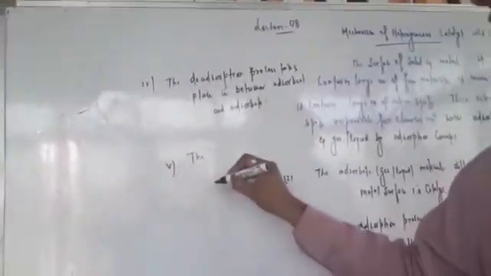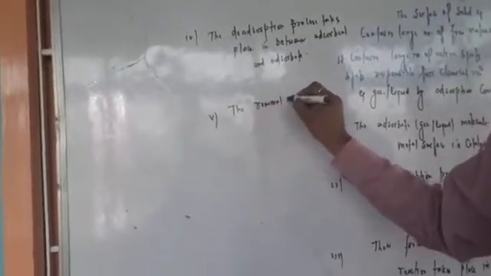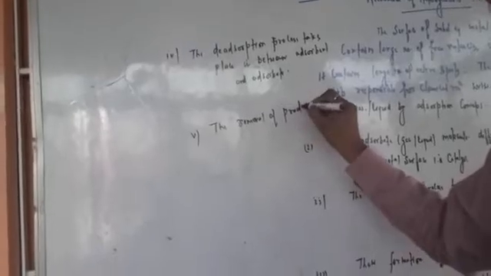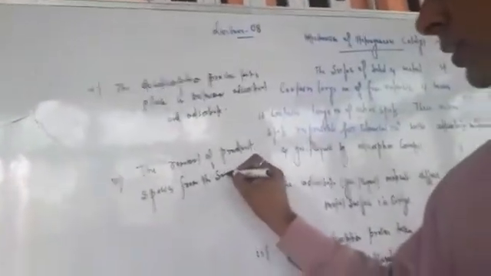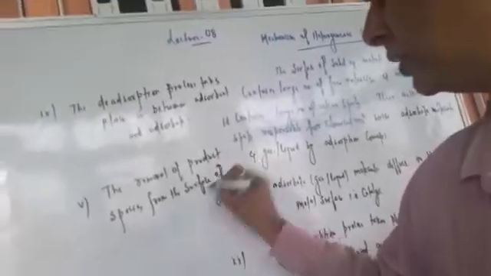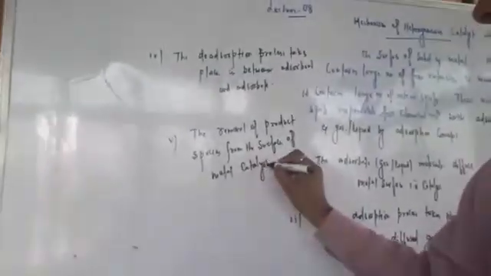And lastly, the removal of product species after the chemical reaction. The reactant molecules change into the product species, so lastly the removal of product species from the surface of the metal catalyst, so that we can get the product.